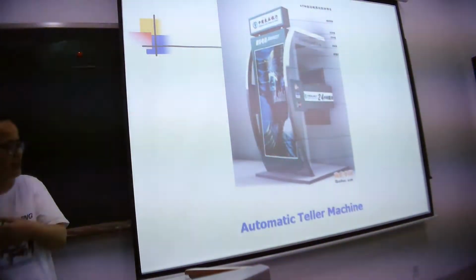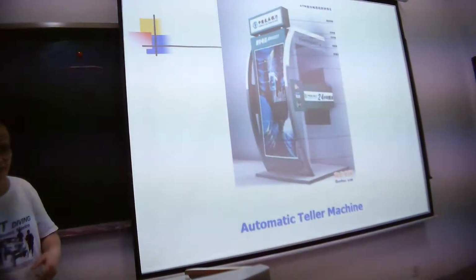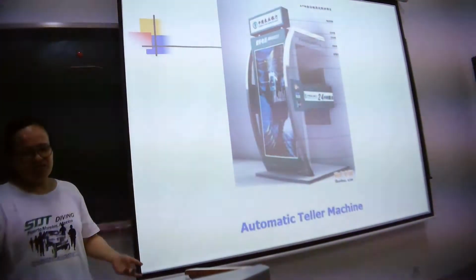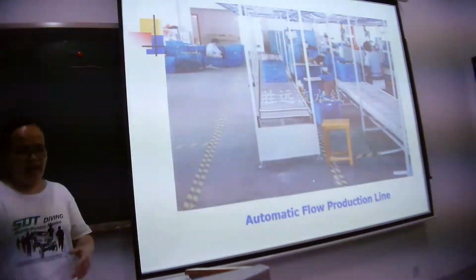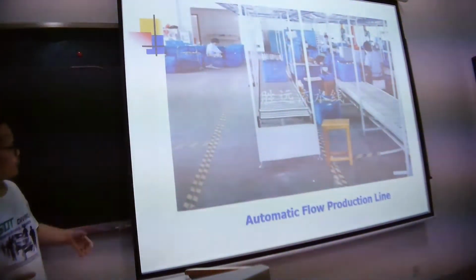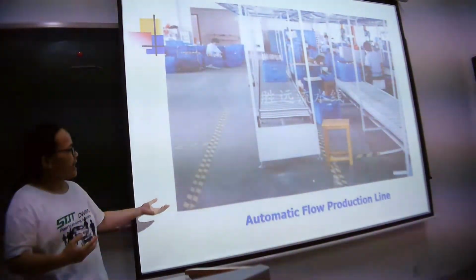It should be modified or changed by these workers. So this system is an open loop computer system, and this is also an automatic flow production line.